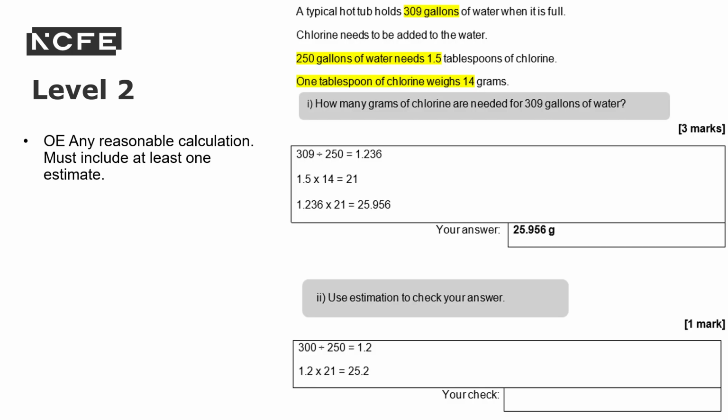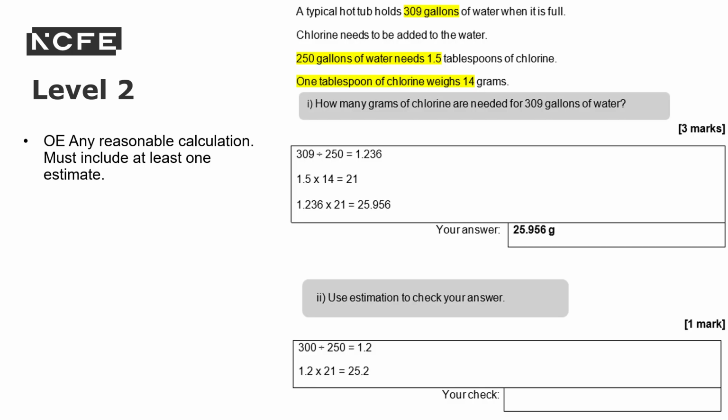So our learner has chosen to do the estimation of the 300, instead of 309, and then followed on through from that, giving answers each time for their calculations. However, a sensible rounding could have been to simply look at that calculation at the end, 1.236 times 21. Well, we could round that 1.236 to the nearest whole number.